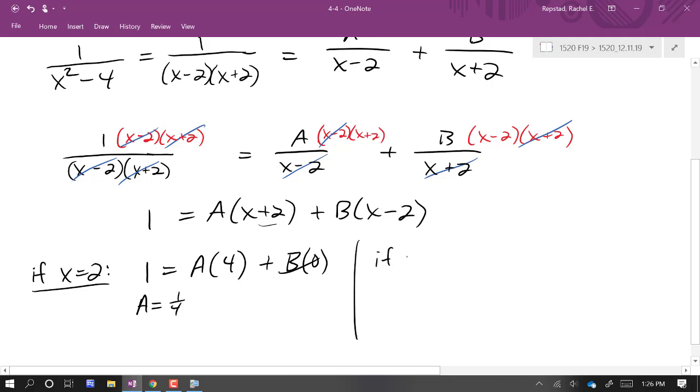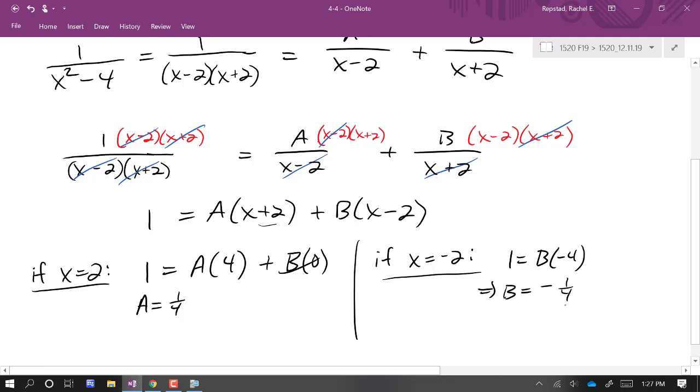And if x is equal to negative 2, what's the equation that results? So what's b?